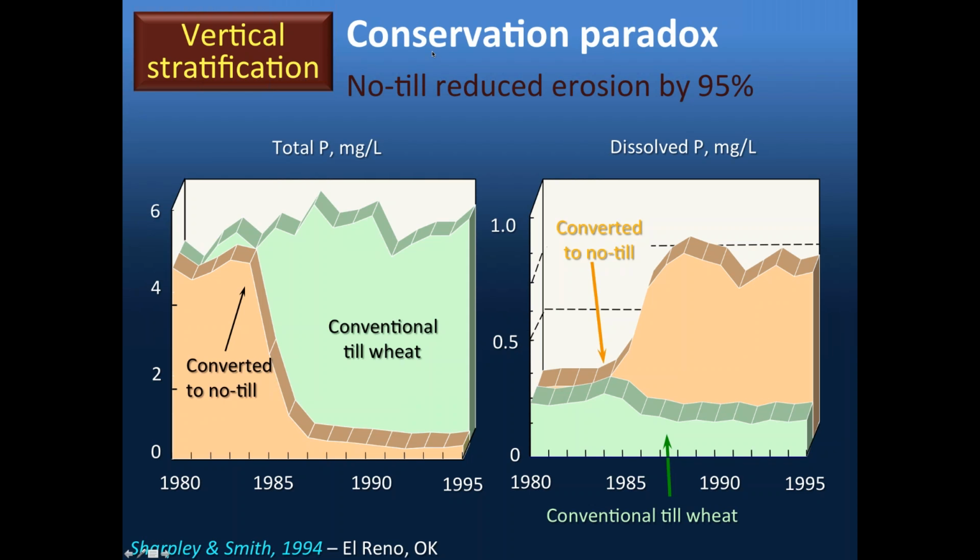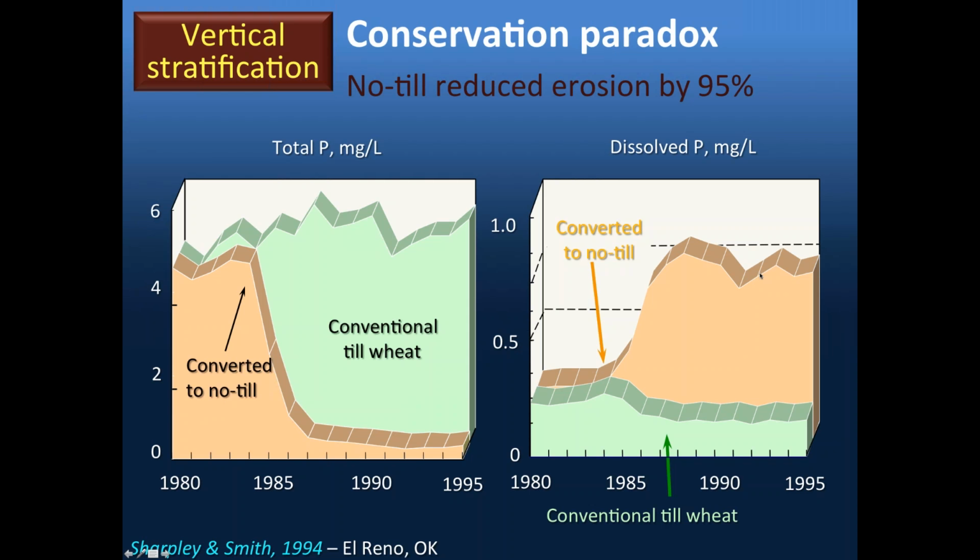And so this is what we've come to call the conservation paradox, where we can fix one problem, but we create another one. It's a lesser problem in terms of the magnitude that comes off, but it is a very problematic one because it's really hard for us to manage.